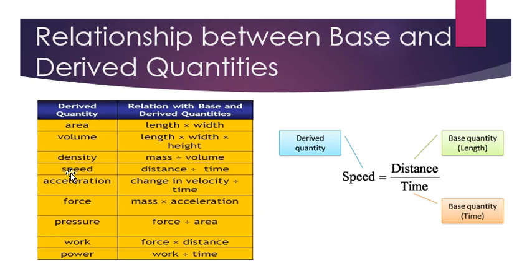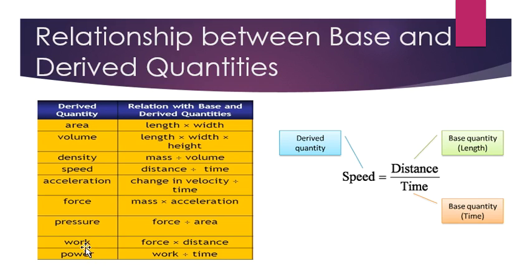As you can see, speed is distance over time. Similarly, force, which is a derived quantity, is obtained from mass and acceleration. The product of mass and acceleration is known as force.